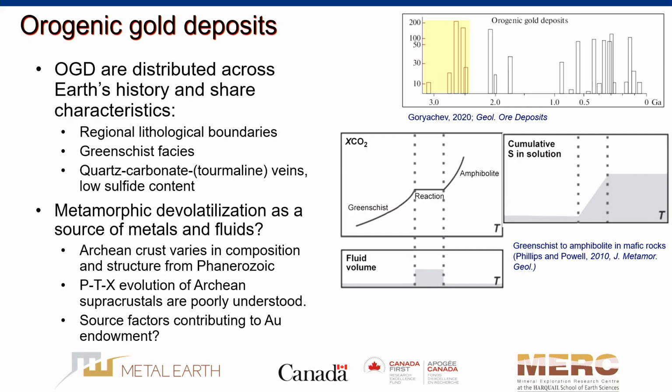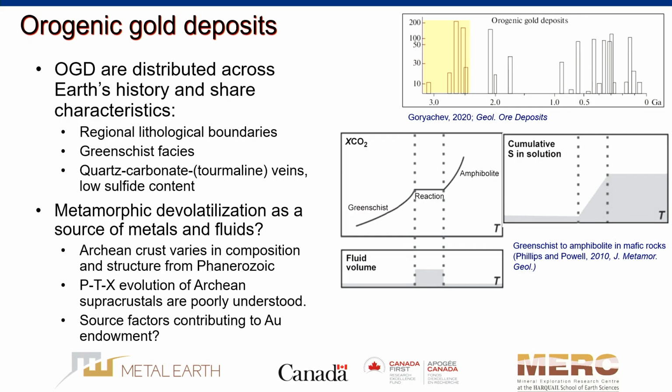We know that orogenic gold deposits are distributed across Earth's history, and they tend to share similar characteristics: regional lithological boundaries, typically at the greenschist-amphibolite transition, and defined in general by quartz-carbonate with tourmaline and lower sulfide content than other deposits typically. And so metamorphic devolatilization has emerged as the main player in sourcing these metals and fluids.